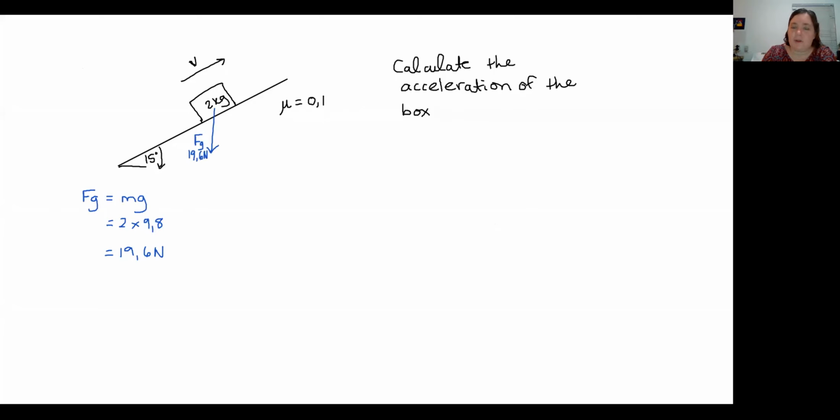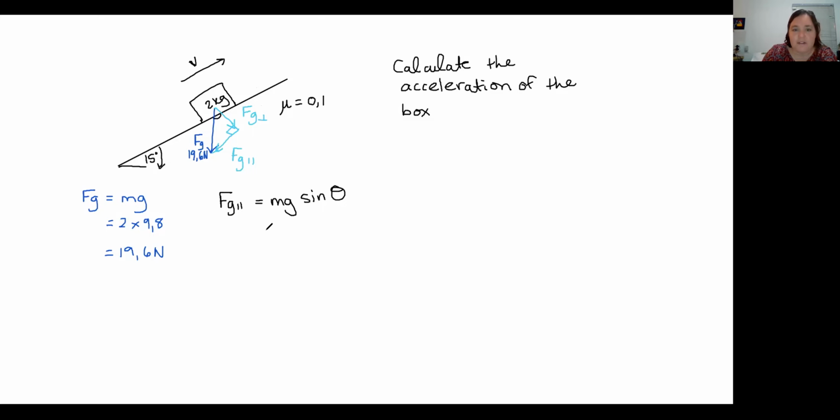The second thing that I'm going to do is I'm going to work out the components of the weight in the two directions, both parallel and perpendicular to the slope. So I want to work out what my F_G parallel is, as well as what my F_G perpendicular is. If you remember the formula that I told you just now, you're welcome to use that. So I'm going to say F_G parallel is equal to mg sine theta.